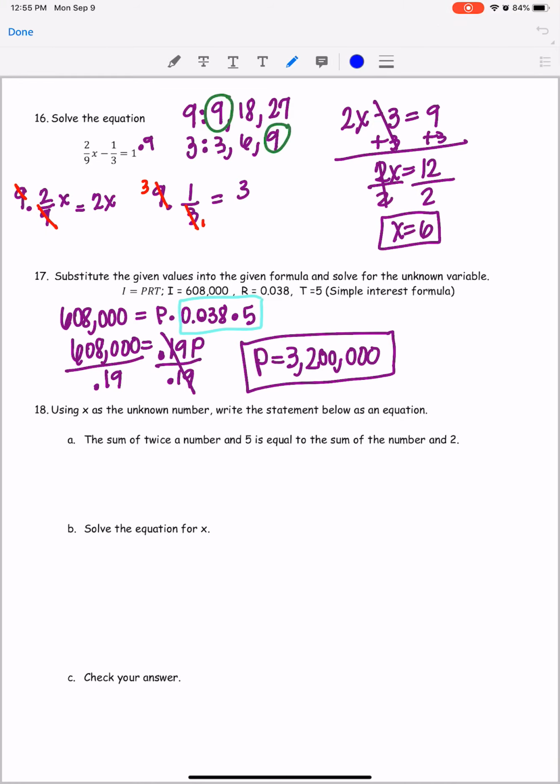All right, and then lastly, 18. Using x as the unknown number, write the statement below as an equation. So, the sum of twice a number and 5, so this side right here.